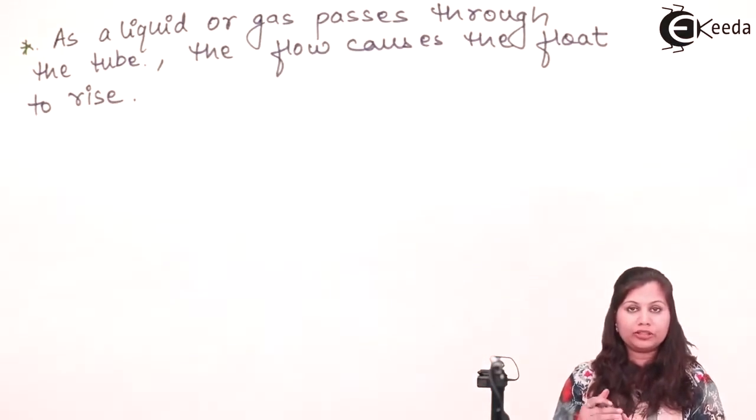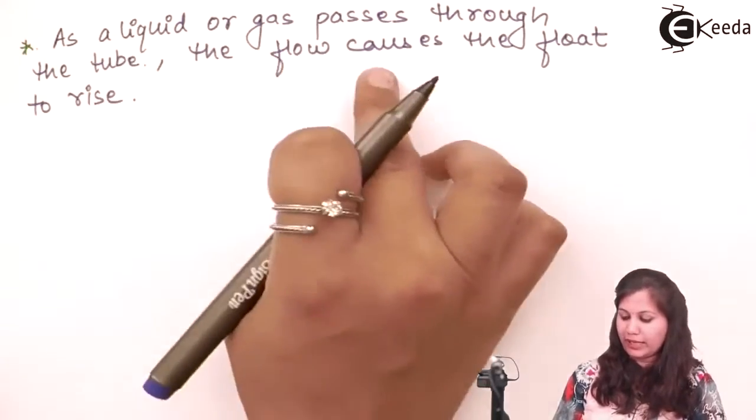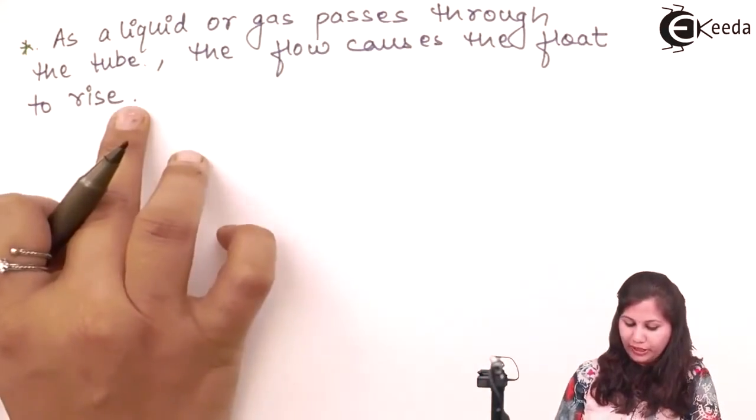As the liquid or the gas passes through the tube, the flow of the liquid or gas causes the float to rise.